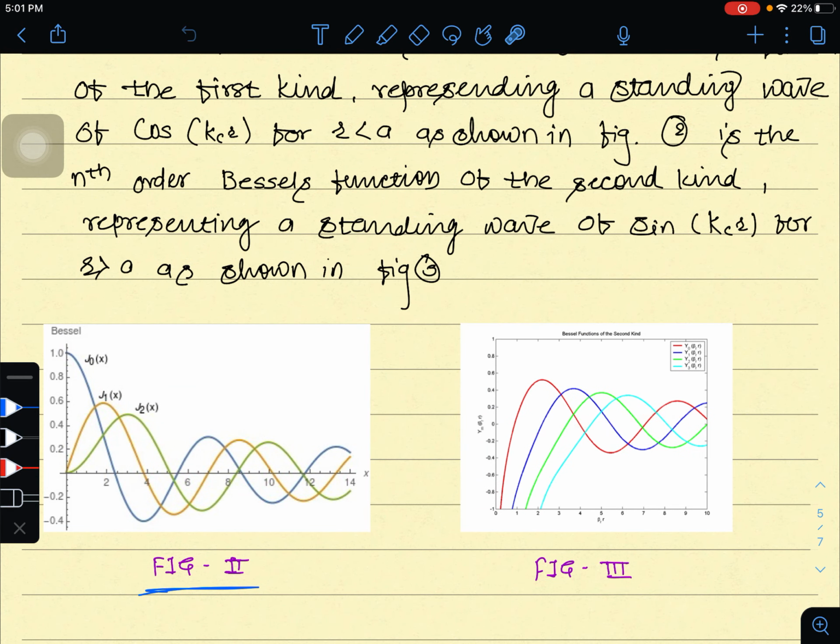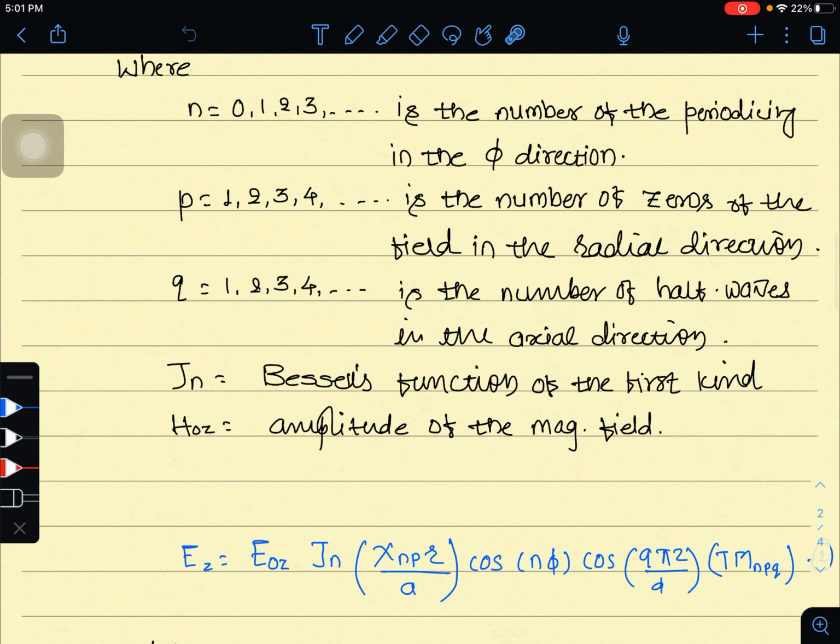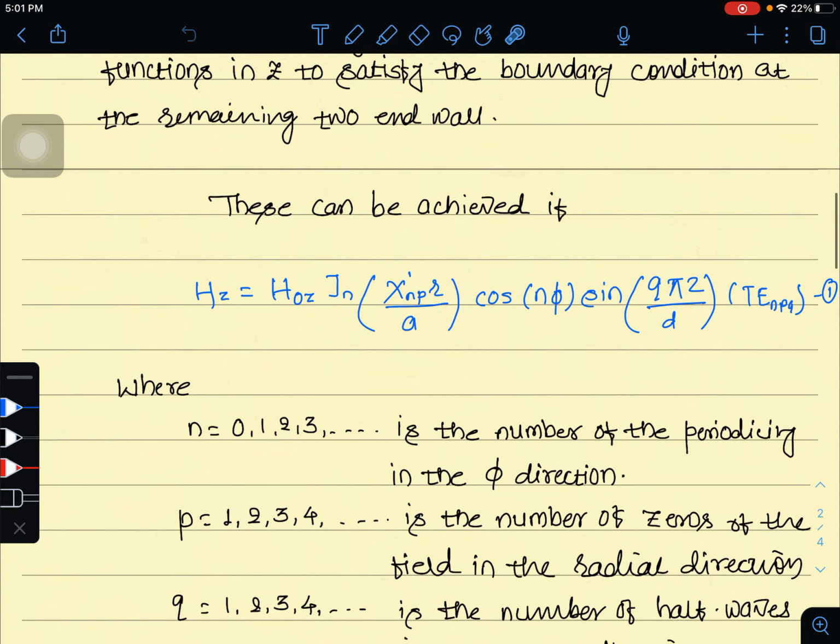Now what is H0z? H0z is the amplitude of the magnetic field.